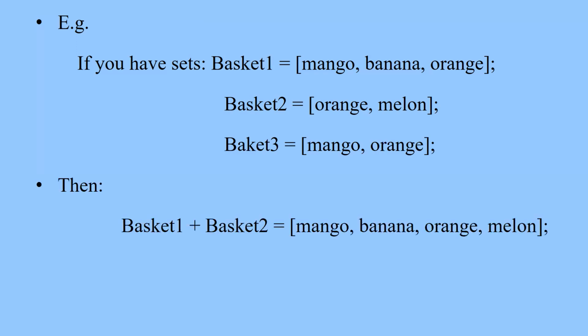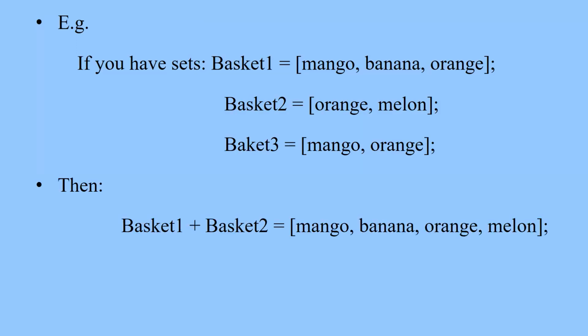So if you add the elements of basket 1 to the elements of basket 2, what you get is the overall result of all the members or all the elements in that set.